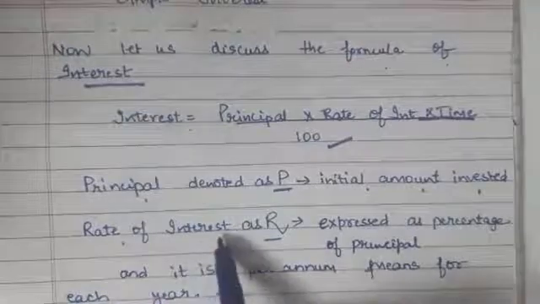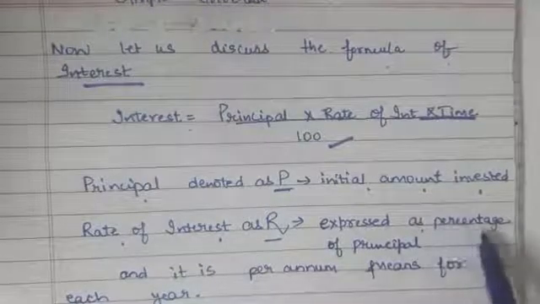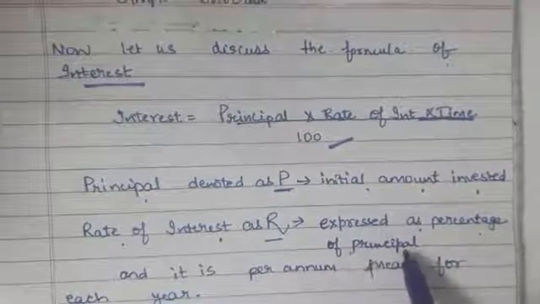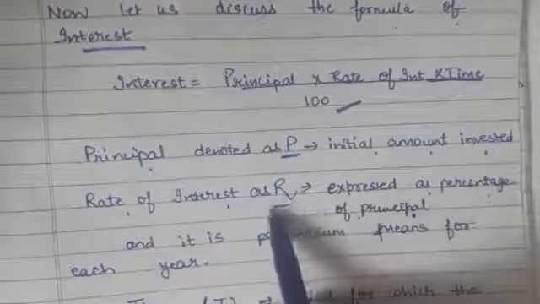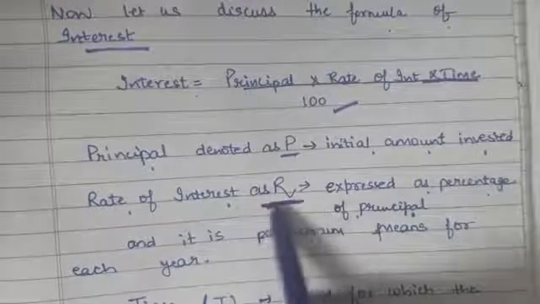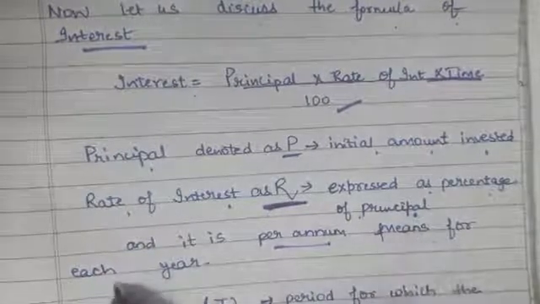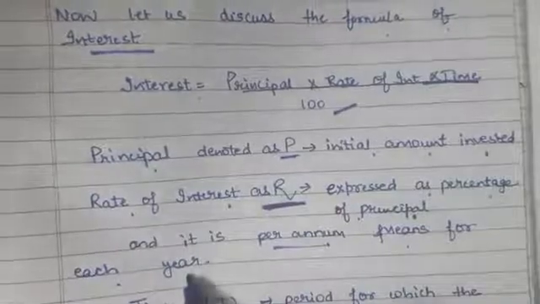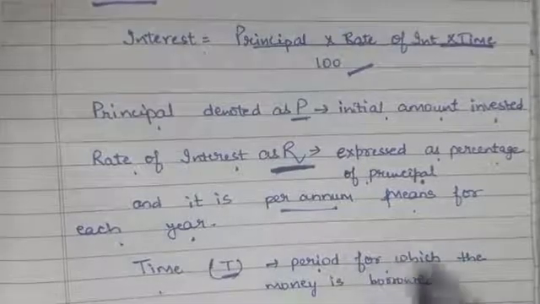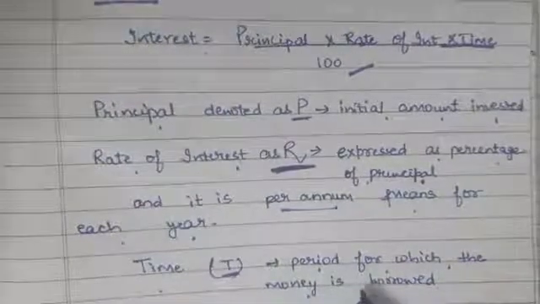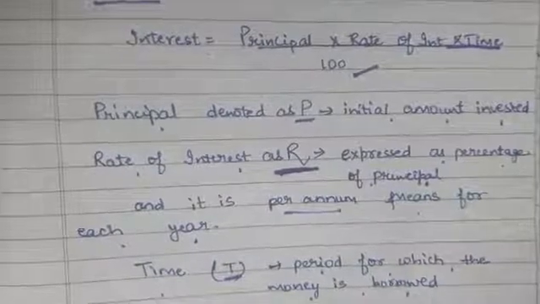R, that is rate of interest, which is expressed as a percentage of the principal. Fine. And always remember that rate of interest is per annum, that is for each year, and the time, that is the period for which the money is borrowed. Fine, children.